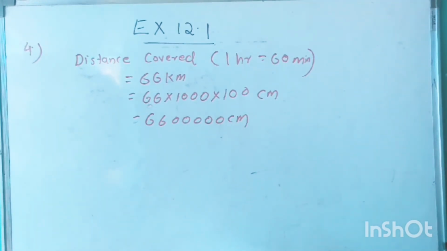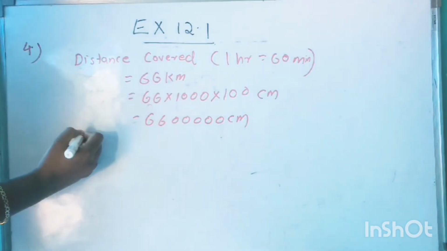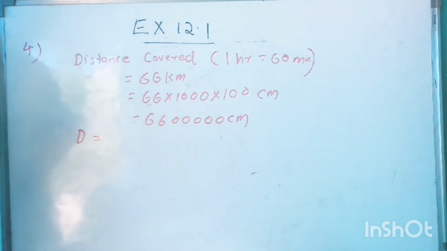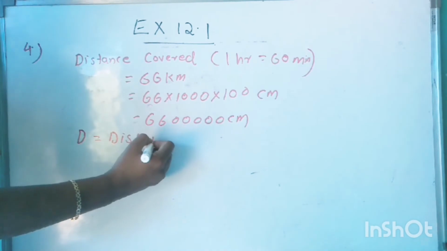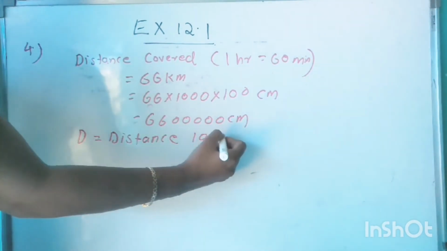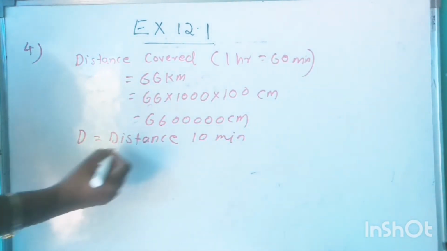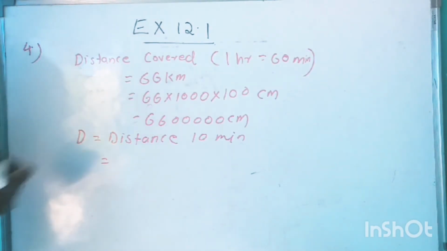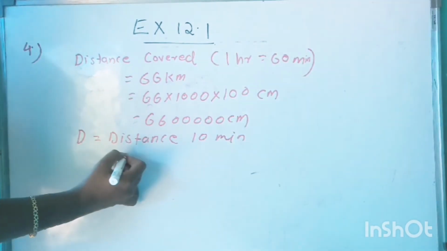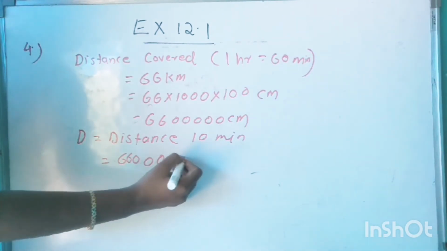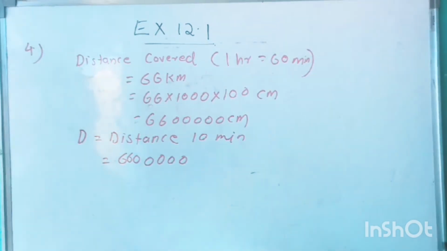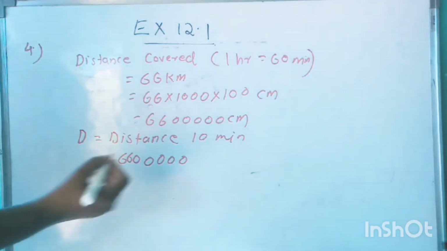Then actually in our question 10 minutes is given. So the distance traveled by this wheel in 10 minutes is equal to, this is the distance traveled by the wheel in 60 minutes.